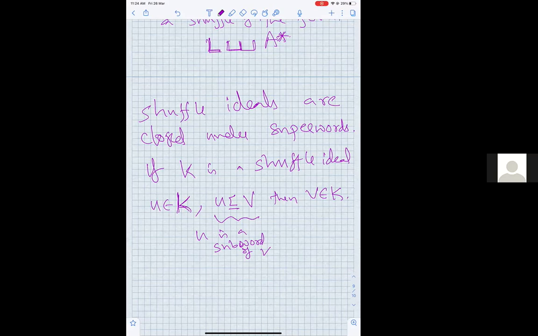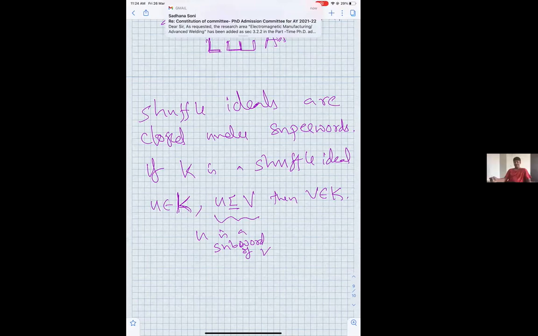Upward closed sets are ideals, yes, exactly. This is very weird because there is another group of people which calls downward closed sets ideals.